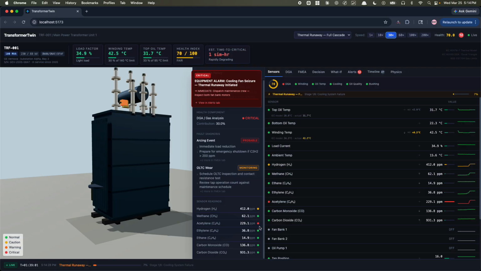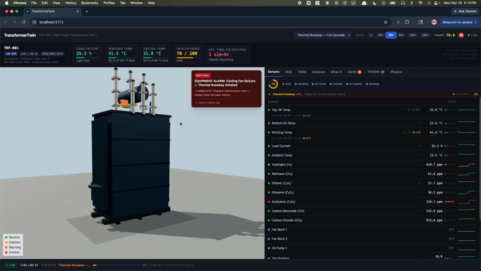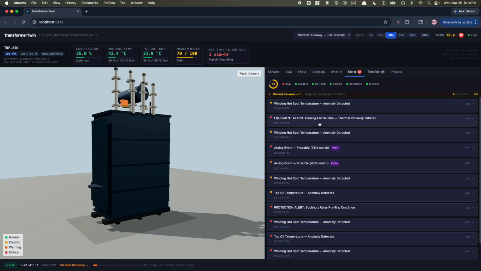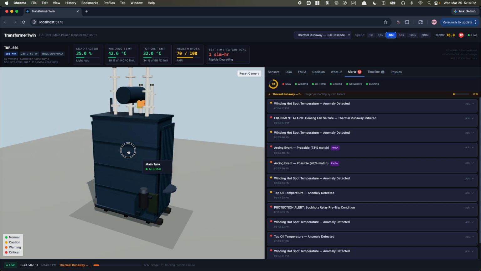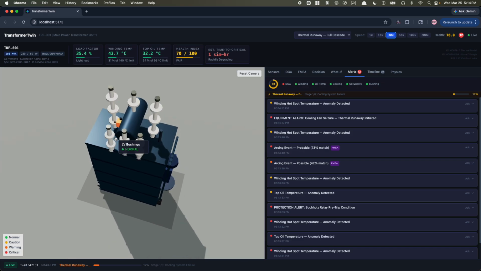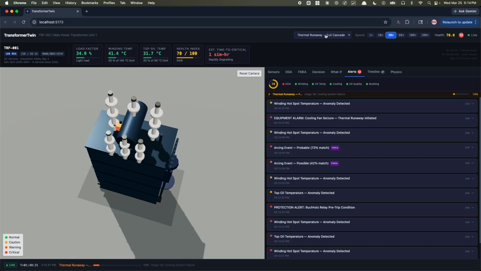C2H2 is at a critical state right now. It's asking us to dispatch the maintenance crew. The health index is degrading. Estimated time to critical is 1 simulated hour. And we see some parts of the tank aren't doing so well anymore.